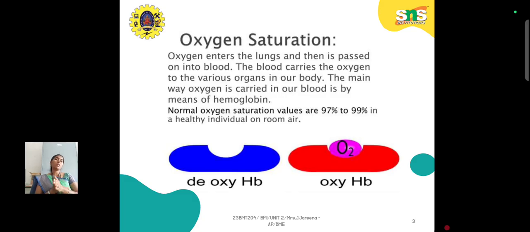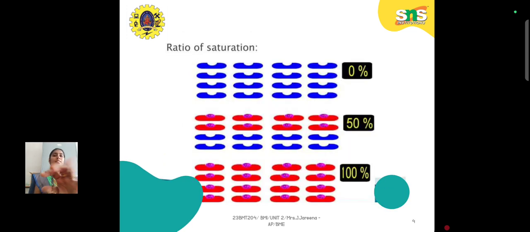The person will go into a hypoxia state. So this is how things will go on. The measurement of oxygen saturation plays a vital role in avoiding future accidents.